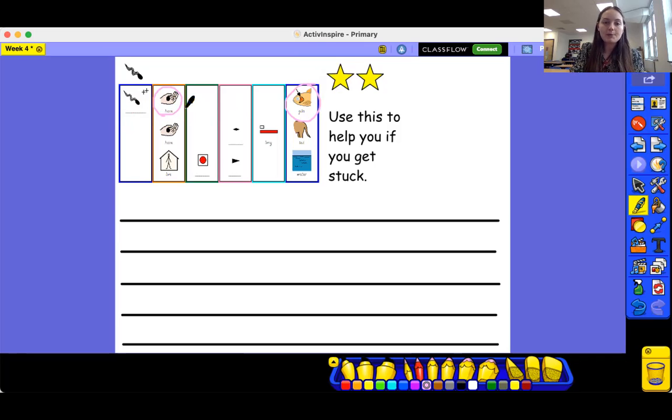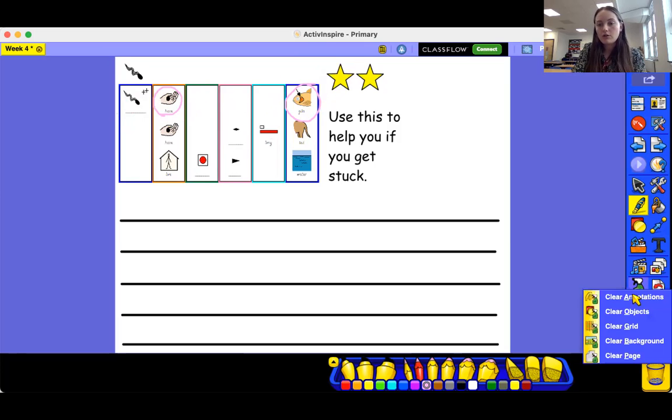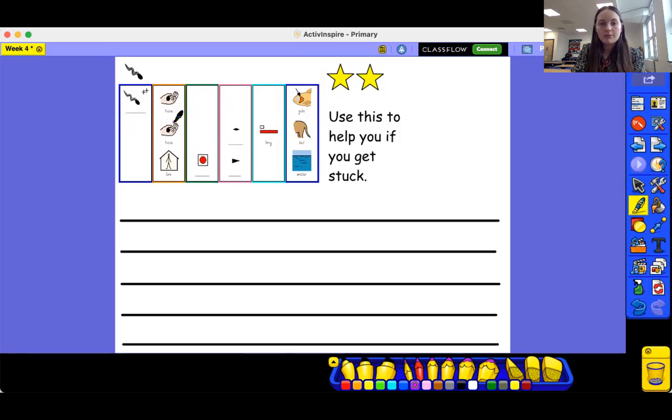So don't say tadpoles have in at long gills. We're just choosing tadpoles have gills because they're on the same line. Or you might go, tadpoles have a long tail. Tadpoles live in the water. So you're just choosing the ones that are on the line together, and then you're writing that sentence up onto the template.